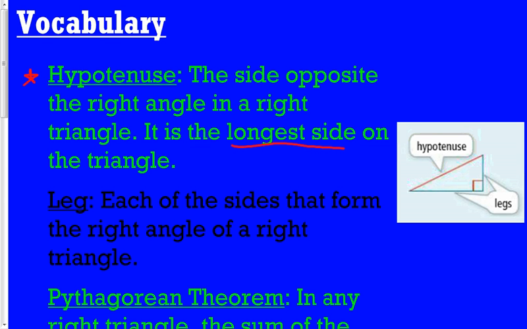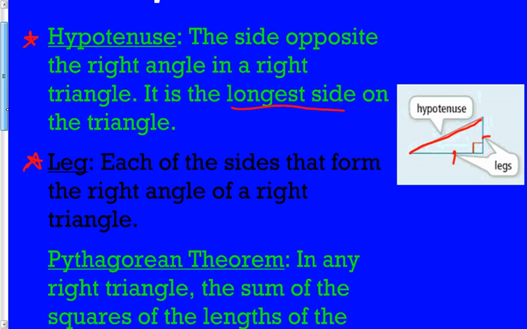Hippopotamuses have huge mouths. I don't know, so that has to do with the longest side. But the longest side of a right triangle is called the hypotenuse. Now, the leg or legs are the other two sides, each of the sides that form the right angle of the right triangle. So in other words, the smaller two sides would be the legs here.